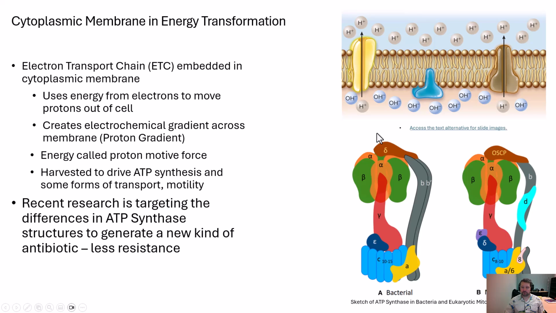If you target maybe the head here, or this motive force up here of ATP synthase, because it's different between the mitochondrial structure and the prokaryotic structure, then an antibiotic could come in here, interact with this, and cause it to malfunction, but not interact with eukaryotic ATP synthase. It would cause the bacteria to malfunction, not be able to generate energy, and ultimately die, but eukarya would be fine.